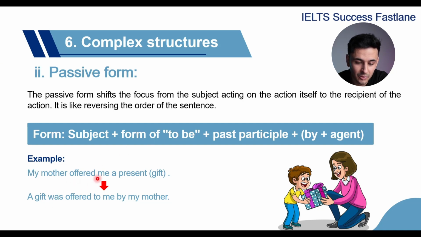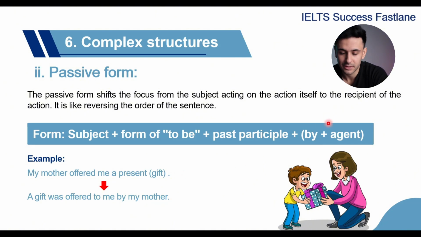Here it is in the past simple, and you're going to have to adapt depending on which tense was used, but because it was in the past, the verb to be is going to have to be in the past as well, plus the past participle, offered to me, and this represents you, by my mother, so by the agent, and the agent here was your mother. I think it's quite straightforward. I'll add a few examples so you could practice that.